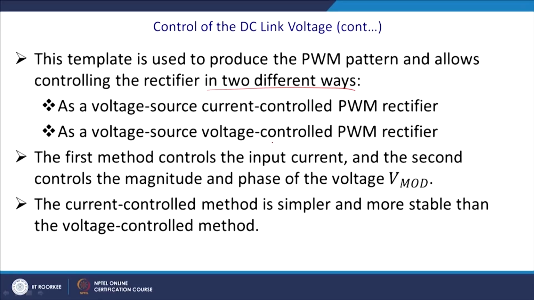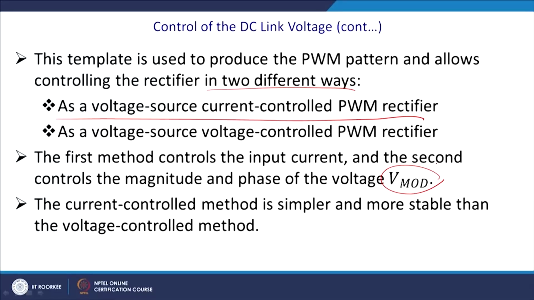The first method controls the input current, and the second controls the magnitude and the phase of the voltages, VMOD.